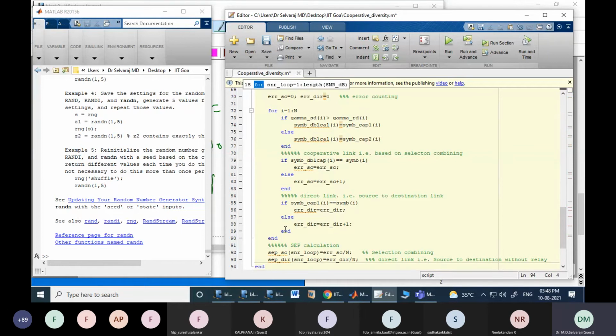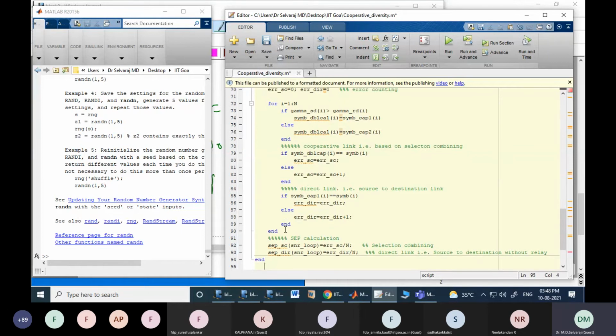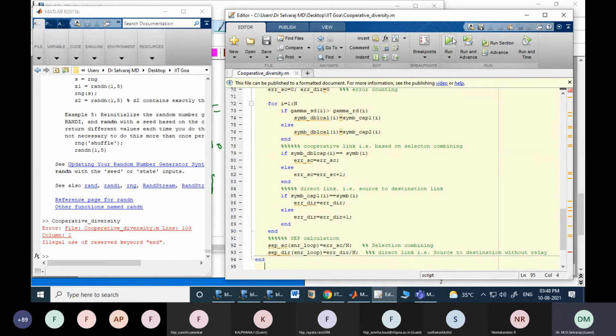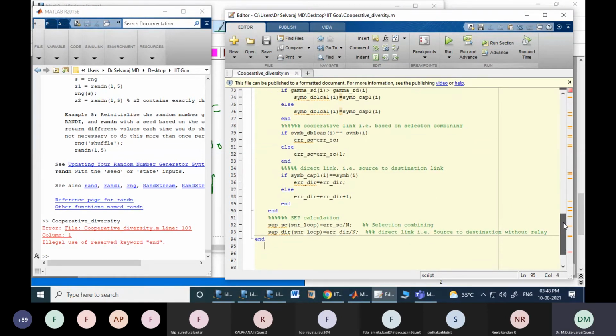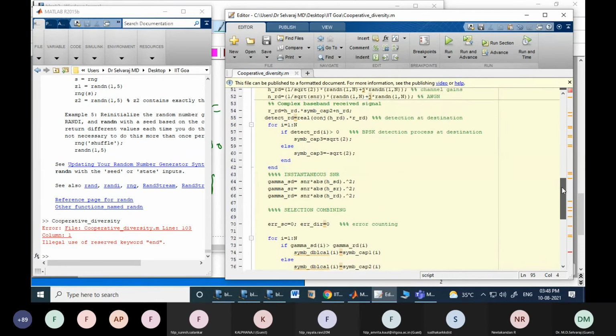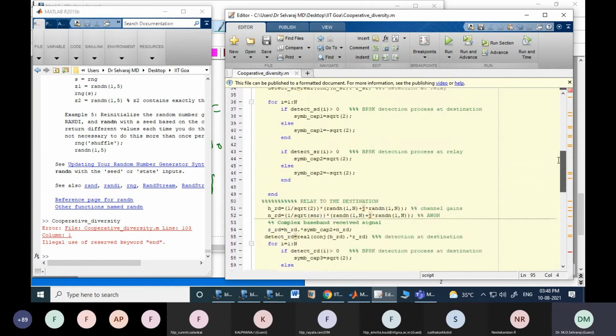Then let us end this program. So now the program is over. Now we need to plot and check. Before that, let us run once to see whether any error is there. Yes, there is some error. Let's check where it is.